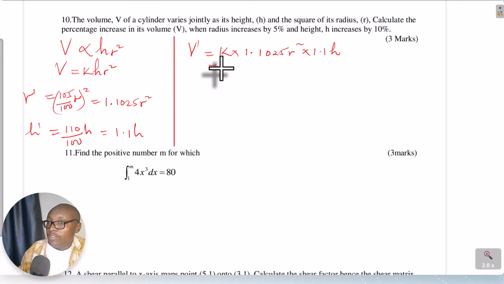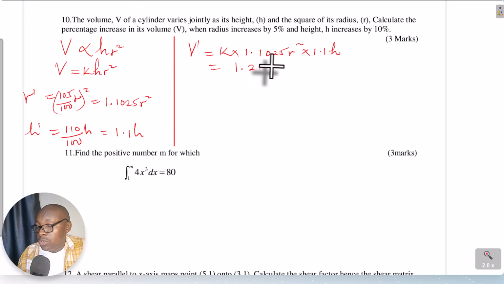So this one will give 1.1025 multiplied by 1.1. So that gives 1.21275 k r squared h, like that. So that is the new V.